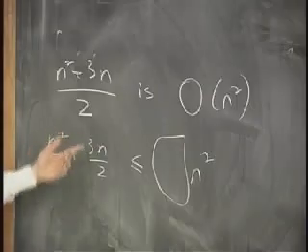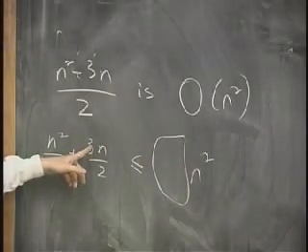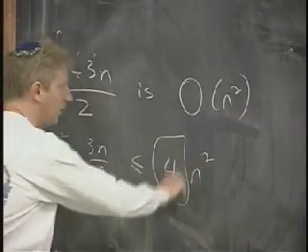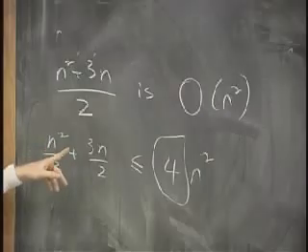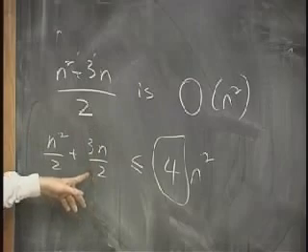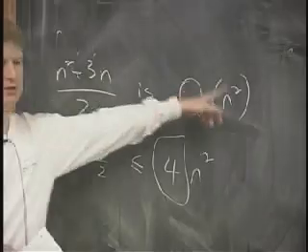So 3n squared is bigger than 3n over 2, right? Everyone believes that. So why don't I use 3n squared to handle this, n squared to handle this? It gives me 4n squared. This is definitely bigger than these two, because one of the n squares handles this one, and 3 of the n squares handle this one. Make sense? All right, so this, therefore, is order n squared.